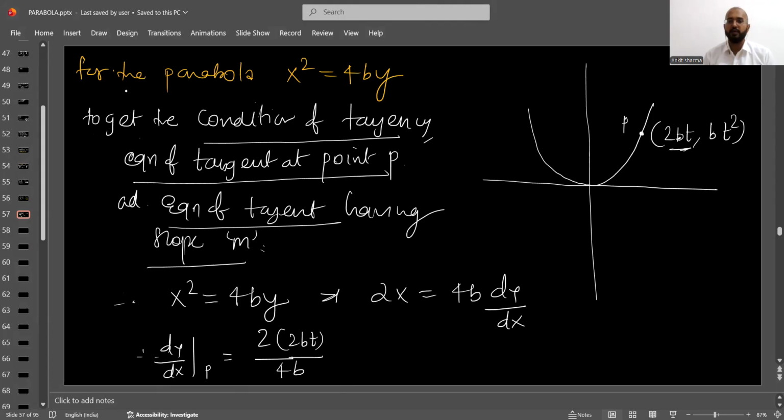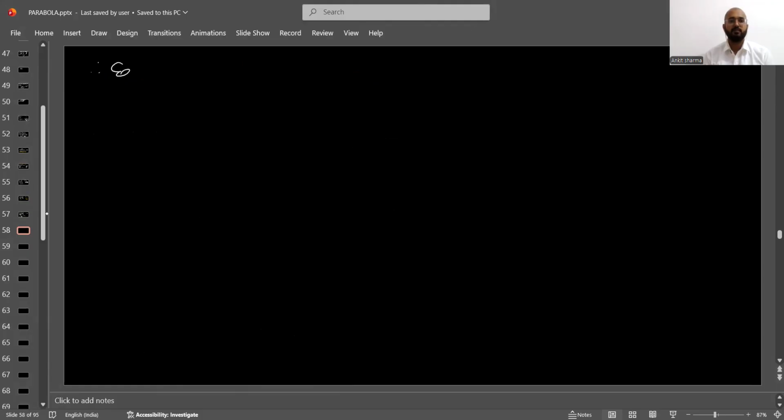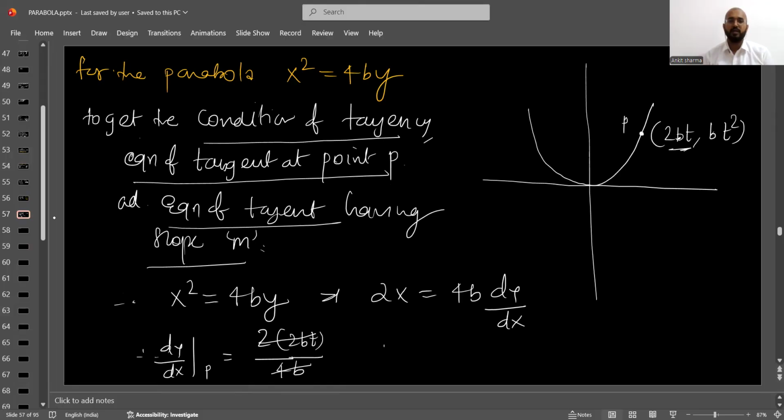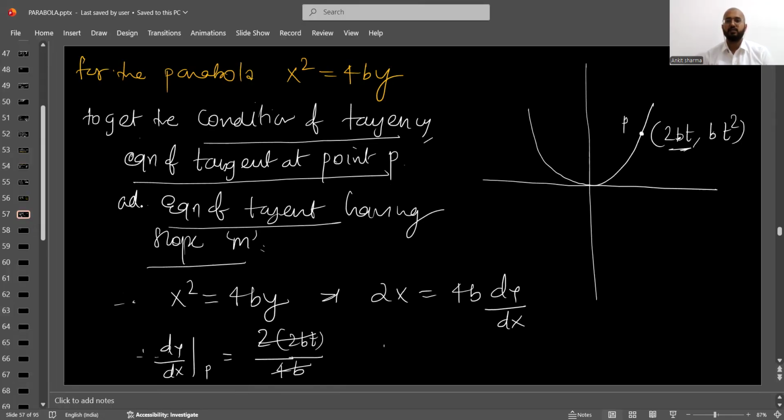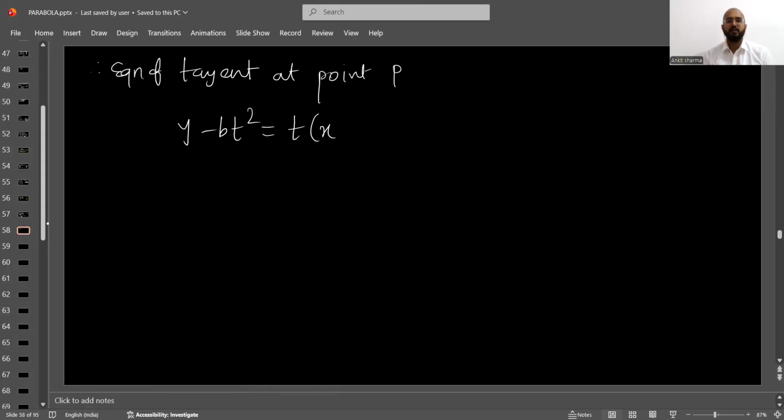So x is nothing but my 2bt, and 4b gets cancelled. I get the slope to be t. So therefore the equation of tangent at point P is y minus bt square is equal to t into x minus 2bt. That's the equation of tangent at point P.